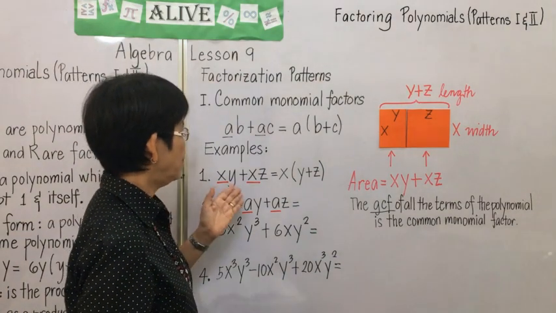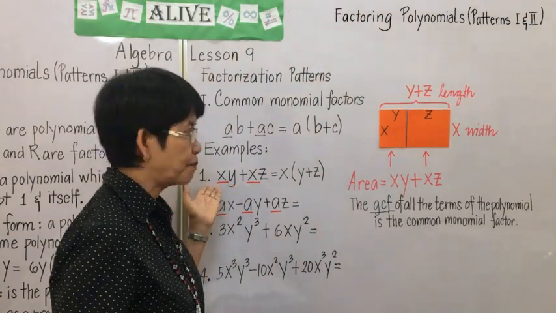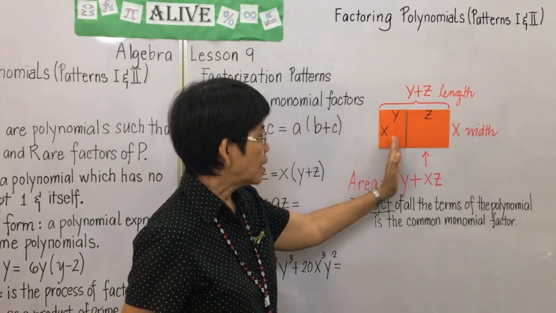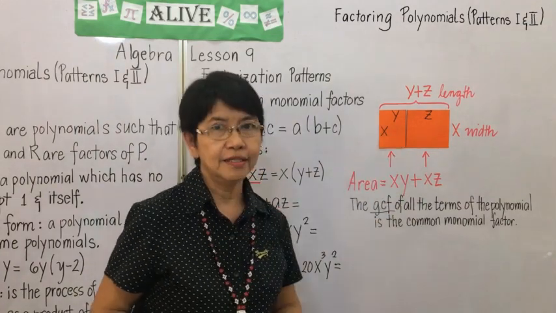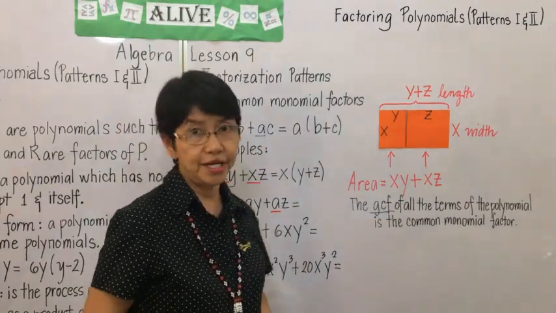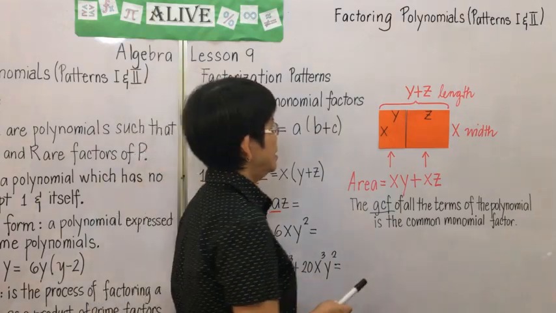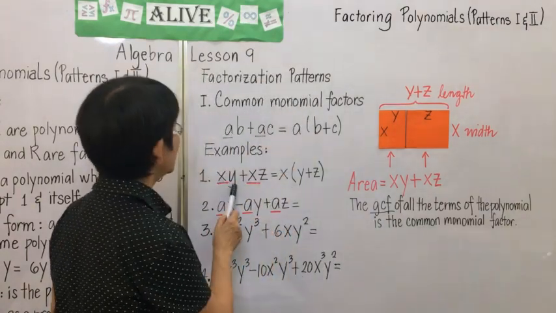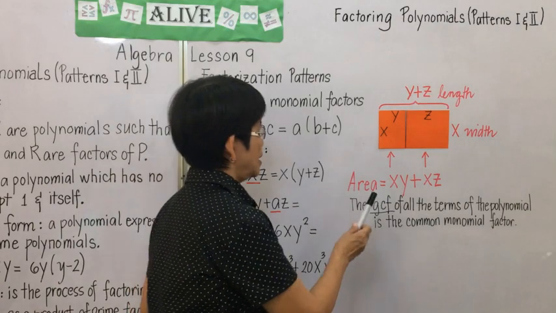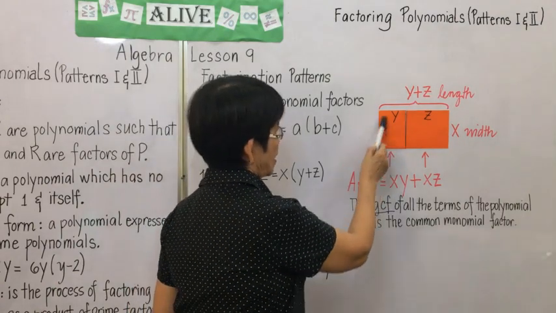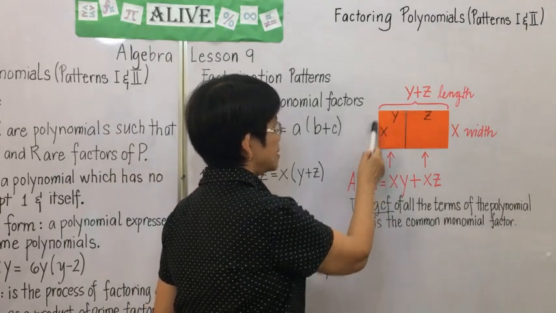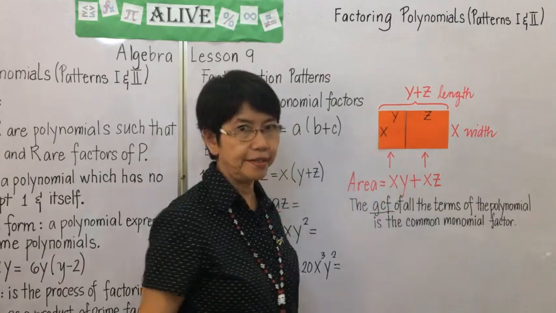If you look at this first example, we can model it by using the area model. xy is an area representing a rectangle here with one side as x and one side as y.